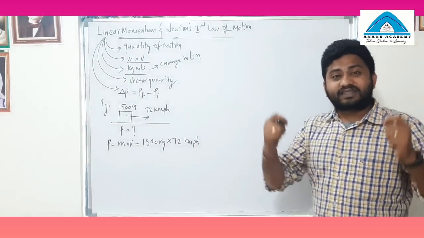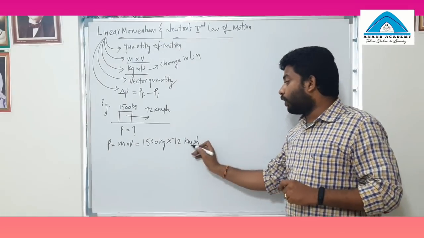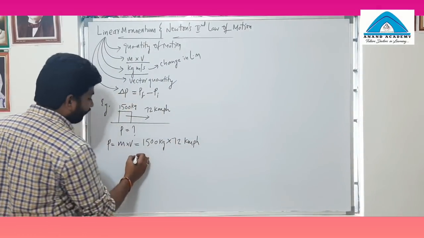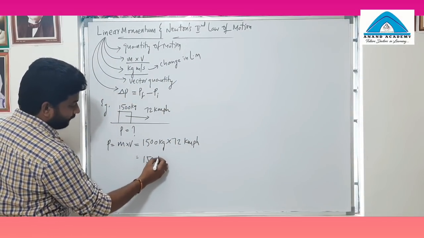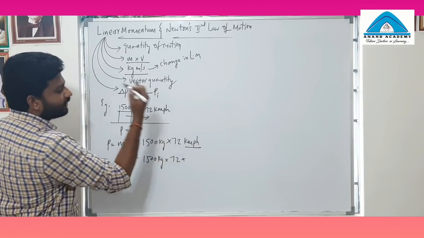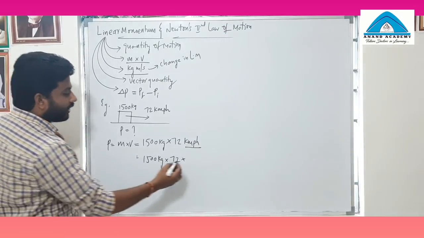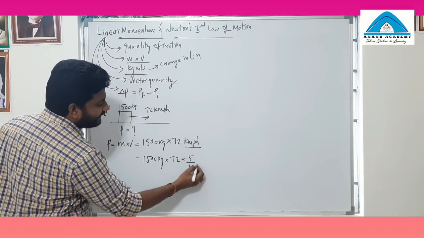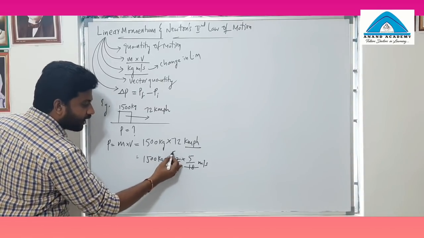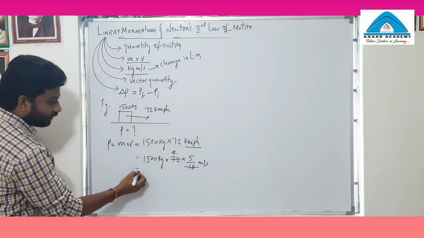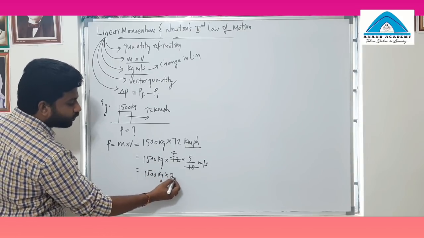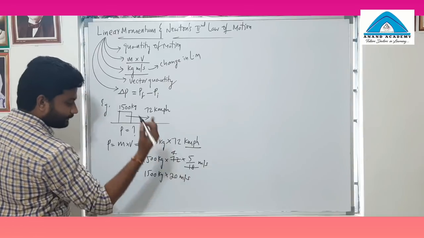So our first aim is to convert this kilometer per hour into meter per second. So 1500 kilogram into 72 into 1 kilometer per hour, which is equal to 5 by 18 meters per second. 18 fours are 72, so I can write 1500 kilogram into 20 meters per second.